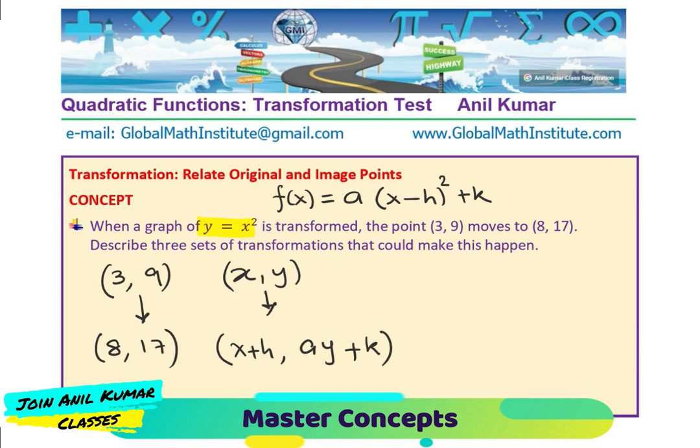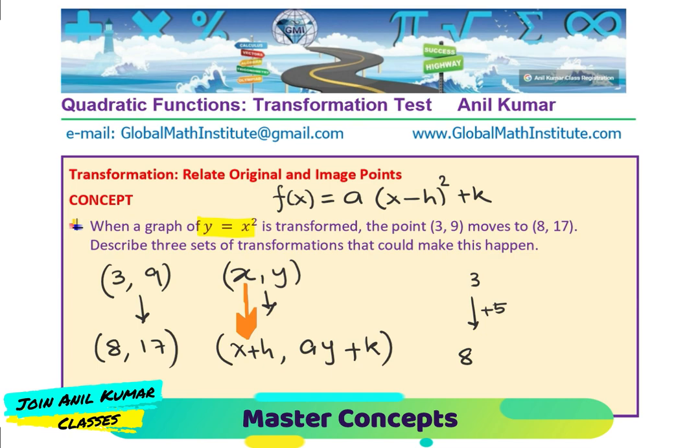Now, if you look into this combination, one part is clear. Since the only change takes place in the x values, let's try to relate these. What do you notice? Clearly, we are changing from 3 to 8, and this change is an increase by 5. Increased by 5 means horizontally translated by 5 units.